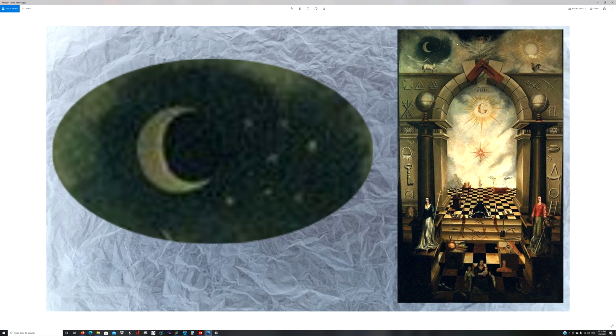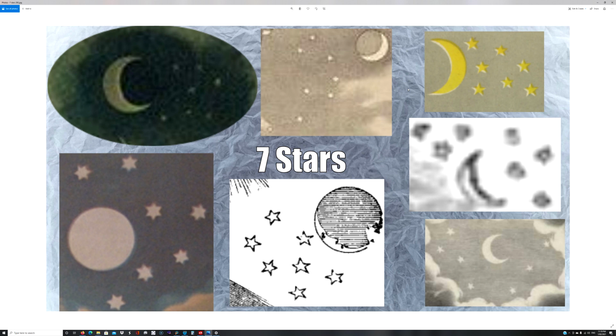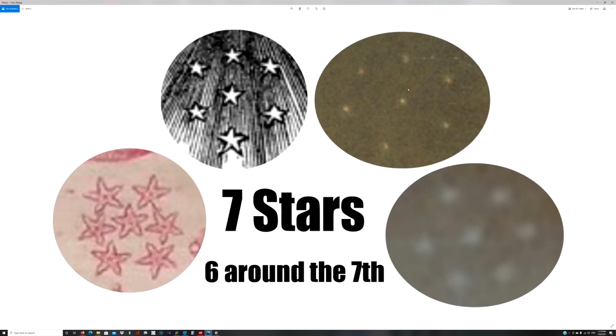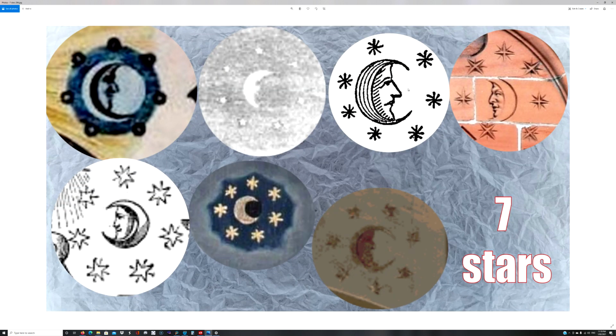Another example, 7 stars with the moon. We have 6 there, but it's a sort of low res, so there might be the 7th in there, but again you see it's a common theme. Again, 7 stars with the moon, so that's another arrangement of them.